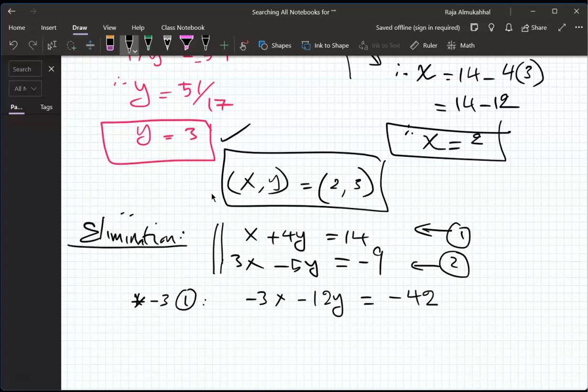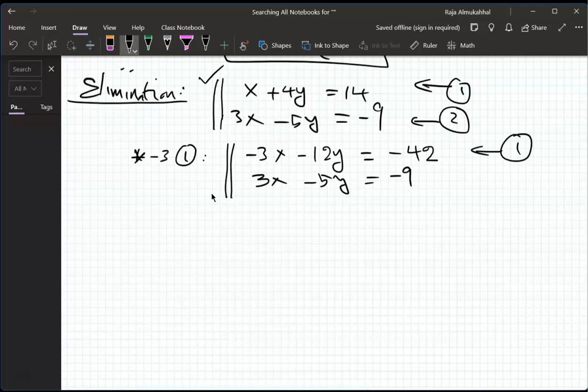This is of course the new equation 1. Now equation 2, I'm going to write it down here again. 3x minus 5y equals -9. Now those two equations are equivalent to the original equations. So now what I want to do is add them up together.